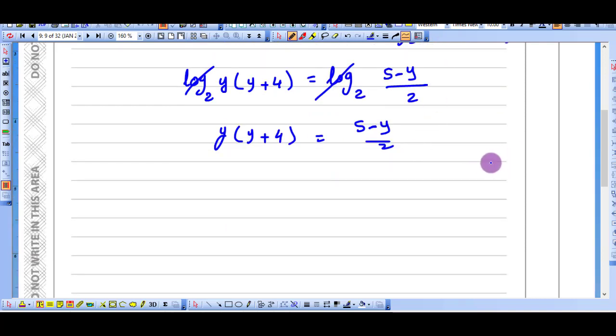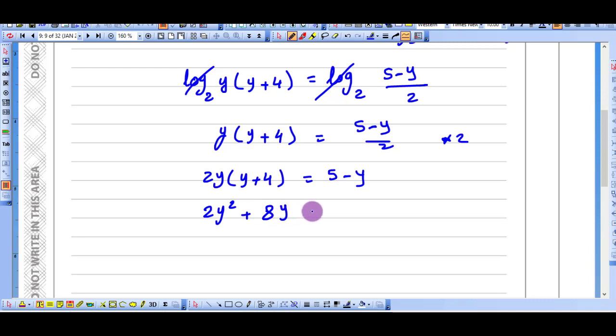Let me multiply by 2. So we will have 2y times y plus 4 equal to 5 minus y. So we have 2y squared plus 8y minus 5 plus y equal to 0. So we have 2y squared plus 9y minus 5 is equal to 0.